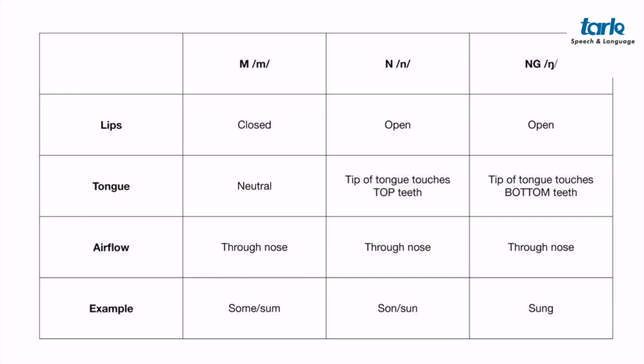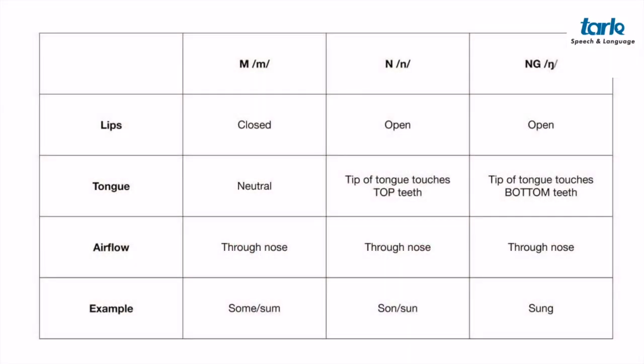So let's take a look at row number 1, and that is the lips. What are your lips doing for these sounds? For the M sound, your lips are going to be closed. For the N, open. And for the NG, open. So let's take a look at that.